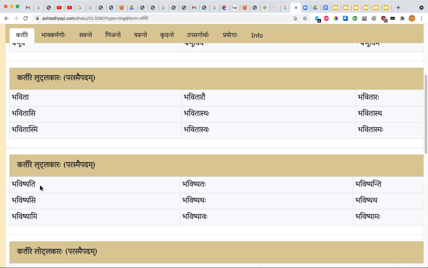Sa vaidya bhavishyati. Then tau vaidya bhavishyatah. Then tah vaidya bhavishyanti.